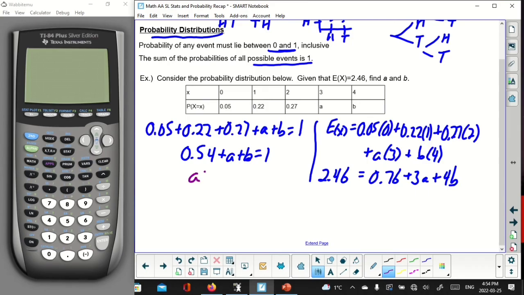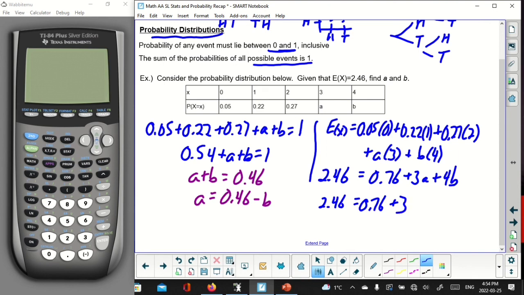I'm going to say A plus B equals 0.46, just move that 0.54 over, or A equals 0.46 minus B. And now that I know that, I can sub it into the other equation. 2.46 equals 0.76 plus 3 times, instead of A, I can write 0.46 minus B, plus 4B.